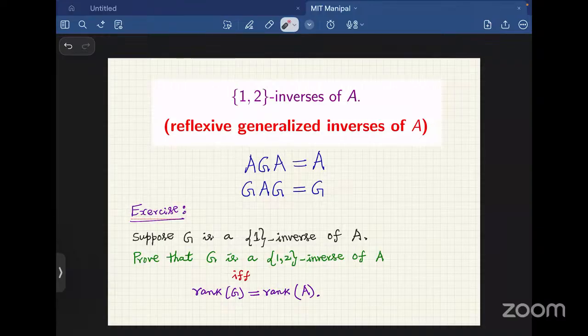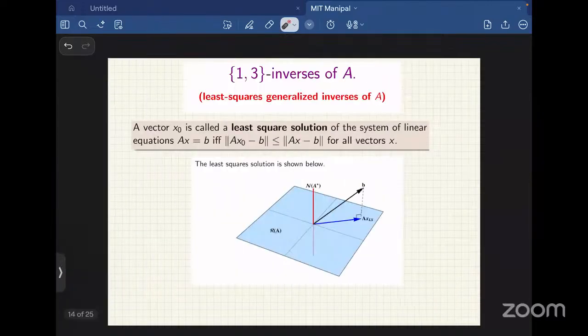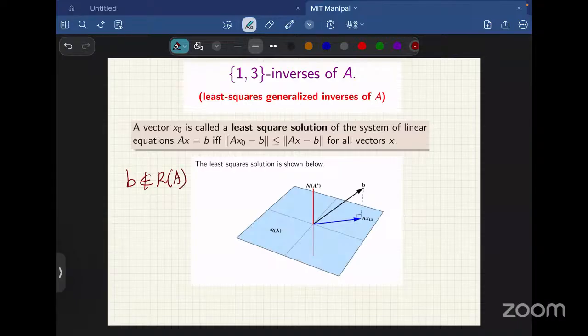So we have seen a 1-inverse is nothing but equation solvability. And if I have a 1-3 inverse, here we have an issue. I already said there are two issues: infinitely many solutions or no solution. Now let us discuss the no solution case. If there is no solution, then we want to find a solution which is nearer.